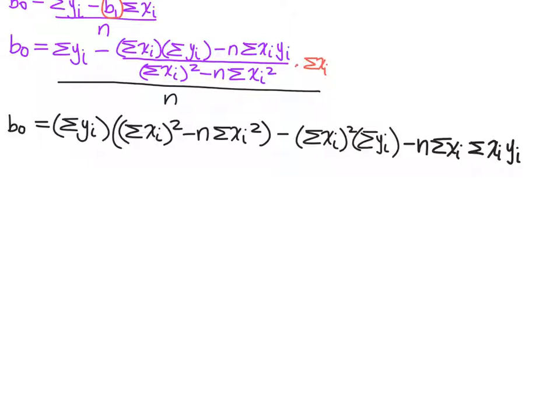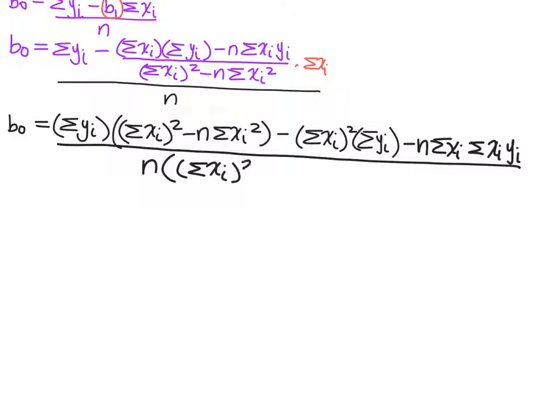And then the whole thing here is going to be over n times the sum of x sub i squared minus n times the sum of x sub i, squared the other way.